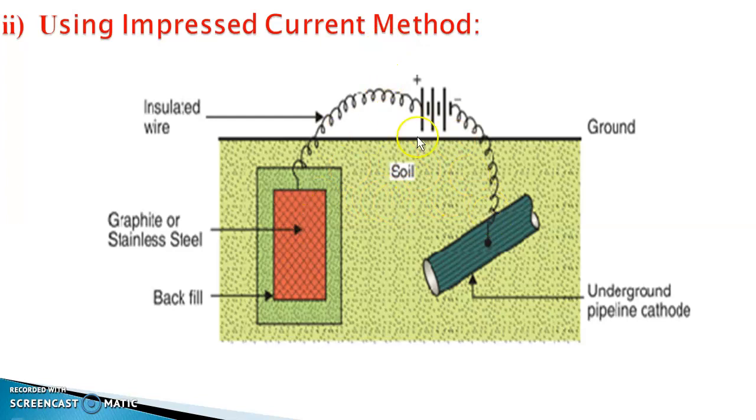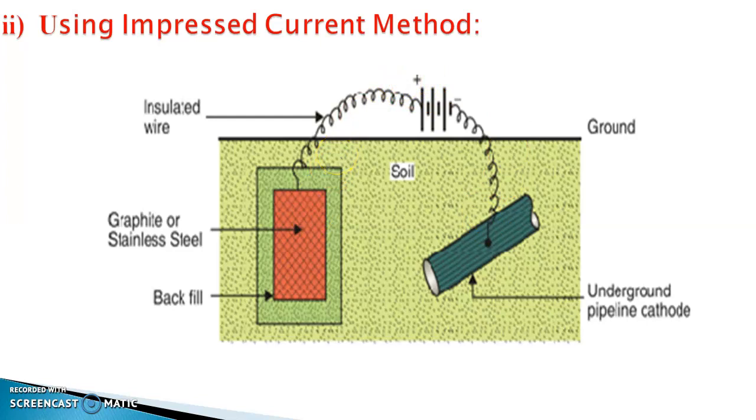The impressed current is derived from a DC source and given to an insoluble anode, like graphite, stainless steel, or scrap iron, which acts as the anode. The negative terminal of the DC source is connected to the pipeline. The positive terminal of the DC source is connected to graphite or stainless steel.